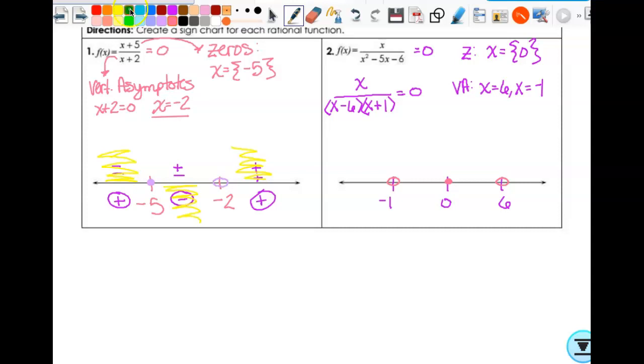So then I'm going to choose points. Don't forget the ends. Sometimes people do the middle stuff and forget to go on either side. So I'm going to take a -2. I'm going to substitute it into this one right here. So -2 in the numerator is going to be negative. Then that would be negative, negative. So that is negative overall. I can substitute in like a -1/2.